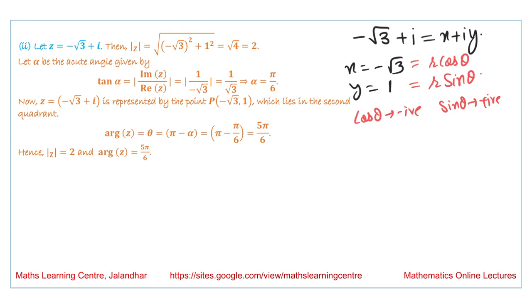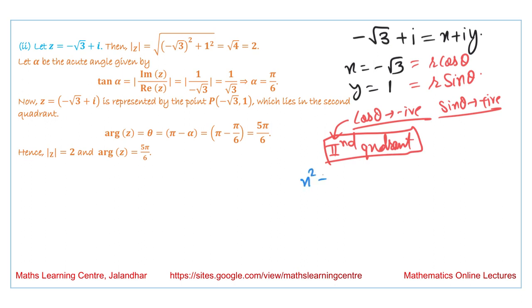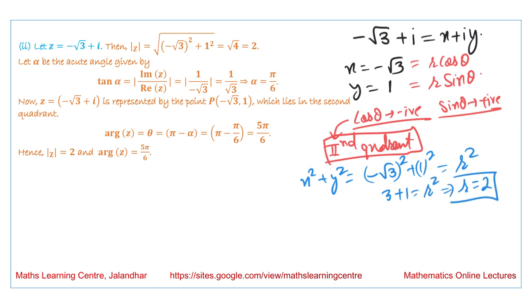So this number lies in the second quadrant. We are saying sin is positive, cos is negative, so the number is lying in the second quadrant. First of all, we calculate the value of r. So we square and add these values. It is x square plus y square is equal to minus root 3 square plus 1 square, and that is equal to r square. So we get 3 plus 1 is equal to r square. So this implies the value of r is equal to 2.